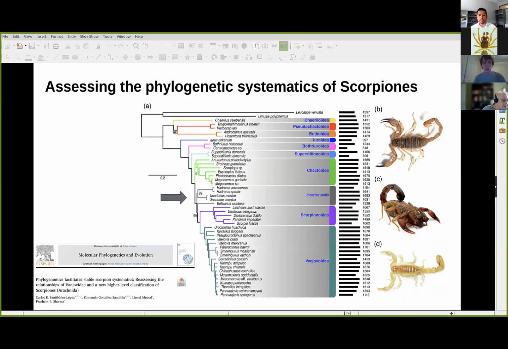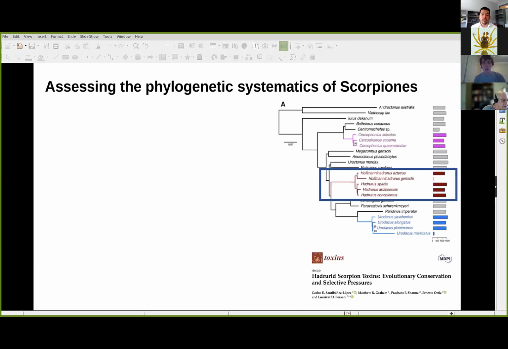And then from this analysis, we also recovered something quite interesting: the phylogenetic position of Urotonus, a longstanding recognized buthid. It was not part of that superfamily. In fact, its position was... we needed to conduct additional analysis. And so that's what we did in the following years, when we were also trying to understand what was going on with the phylogenetic placement of the giant scorpions, Hadrurus.